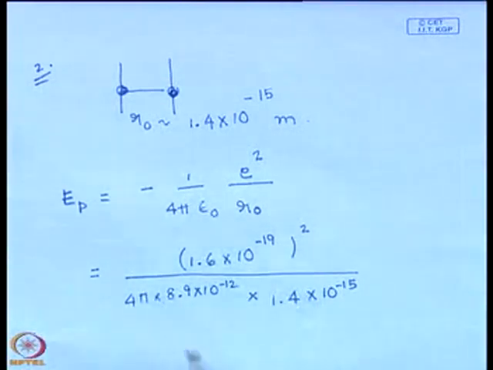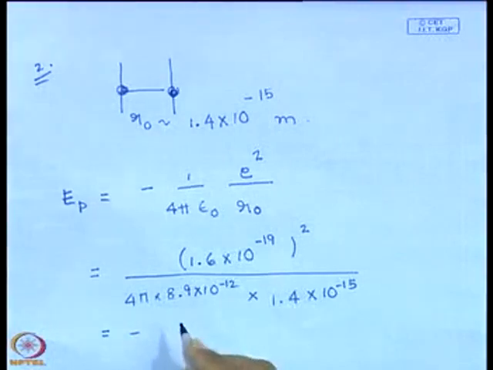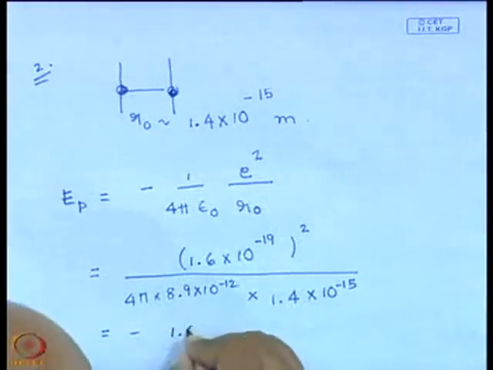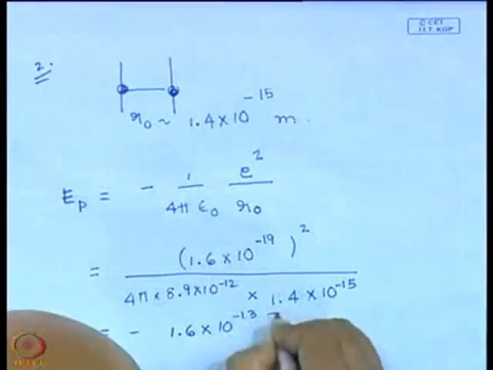You put in these numbers and the potential energy comes out to be of the order of 1.6 x 10^-13 joules.